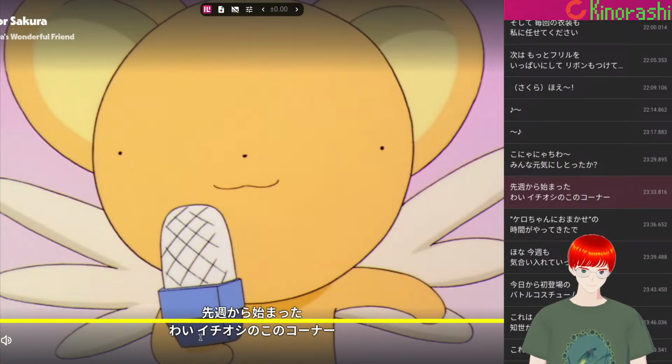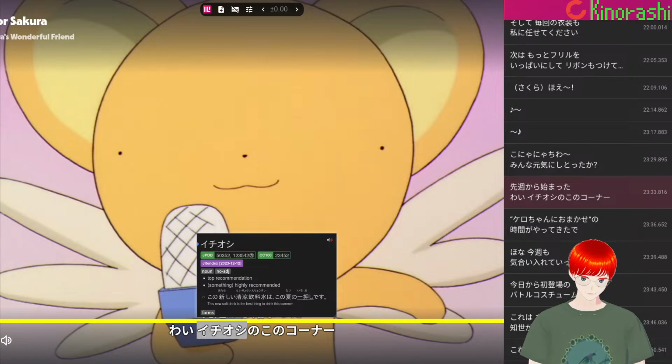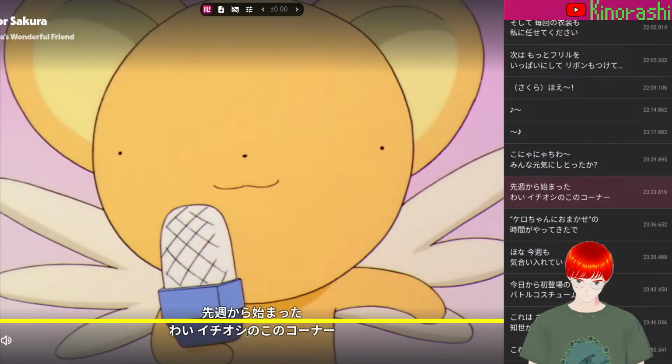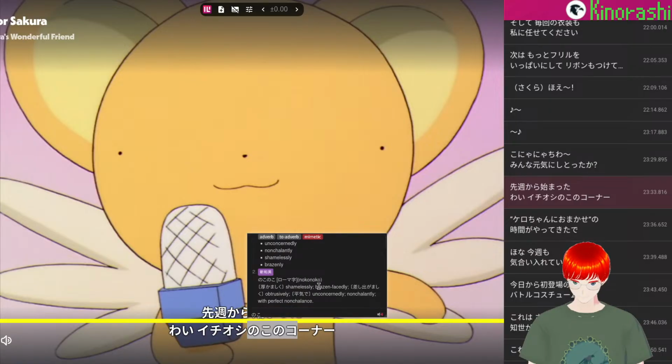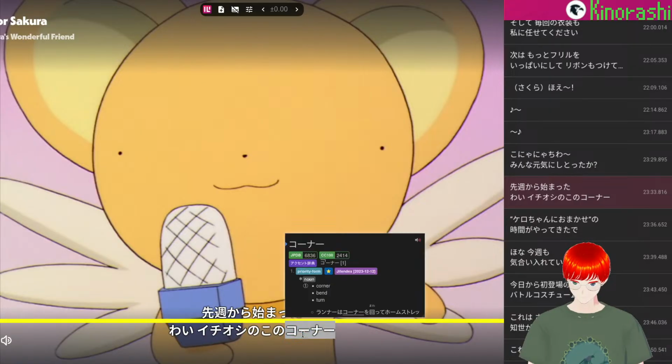Ichioshi, top recommendations. Oh no, this is kono kona, this corner.